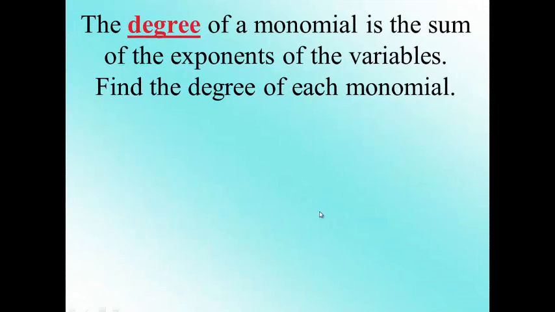The degree of a monomial is the sum of the exponents of the variables. Now let's find the degree of each monomial. In this case, I only have one variable, so the exponent of x, which is 2, will be the degree of this monomial. Now in this case, I have three variables.